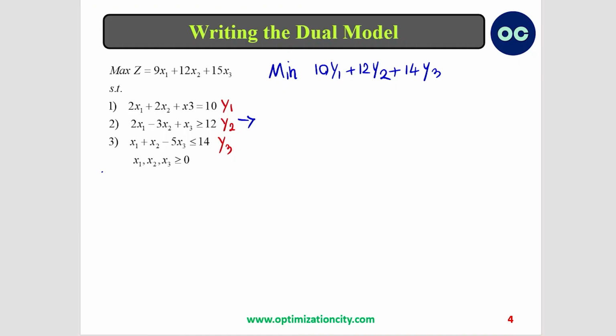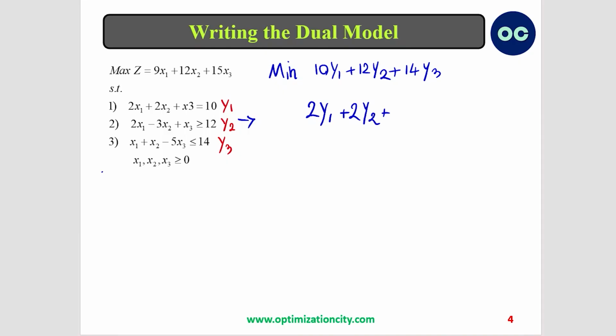The coefficient of x1 in the first constraint of the original model, which is 2, becomes the coefficient of y1 in the first constraint of the dual model, and the coefficient of x1 in the second constraint of the original model, 2, would be the coefficient of y2 in the first constraint of the dual model.